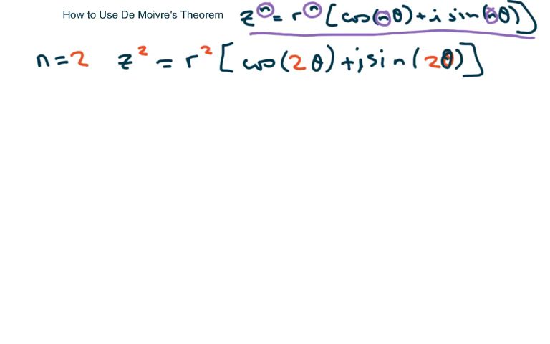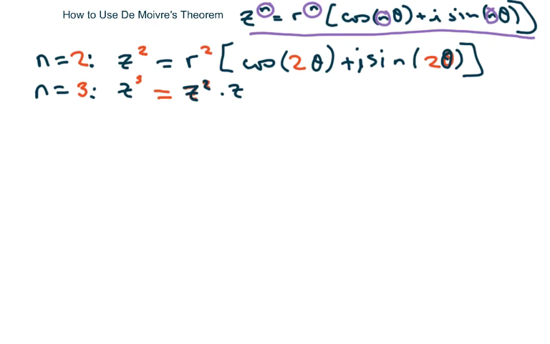So let's look at if n is 3. If n equals 3, we have z cubed, and let's look at what this looks like. z cubed is actually z squared times z.